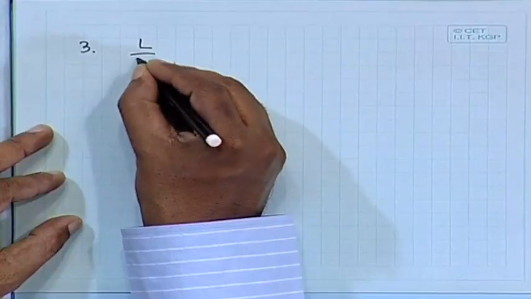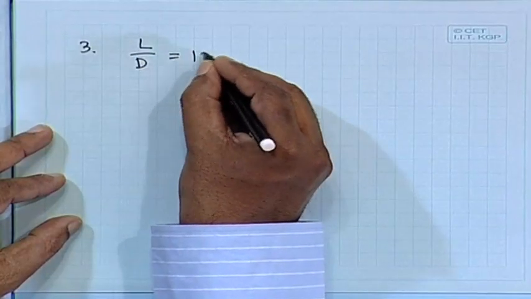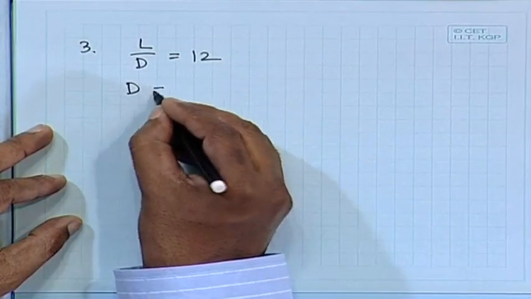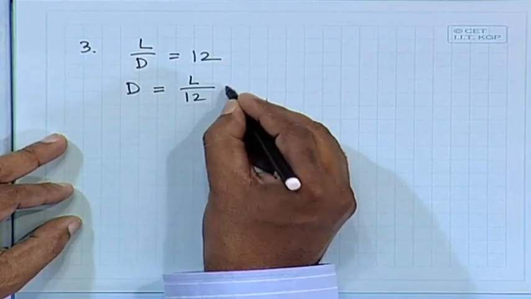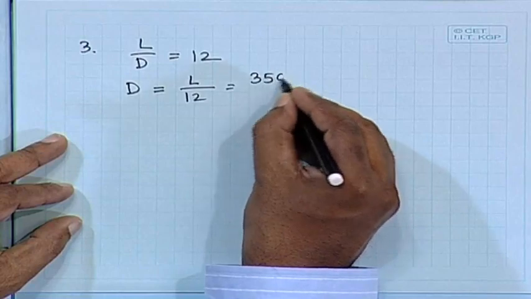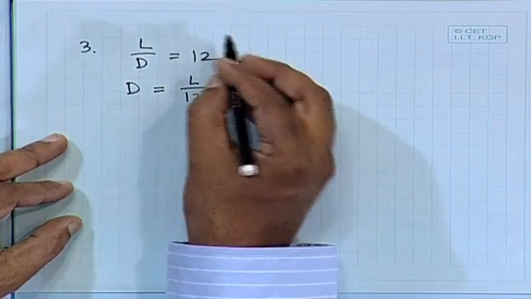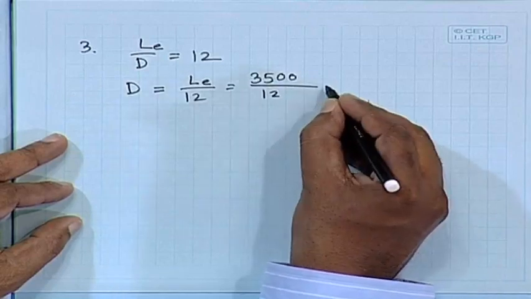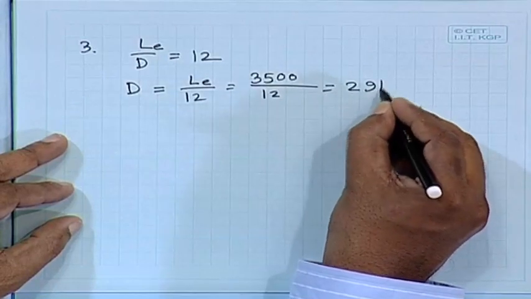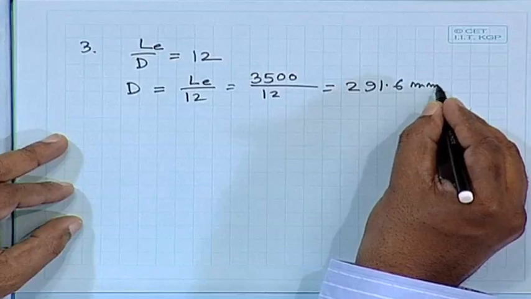So, if L by D equal to 12, D will be equal to L by 12, equal to 3500 divided by 12, which comes as 291.6 millimeter.